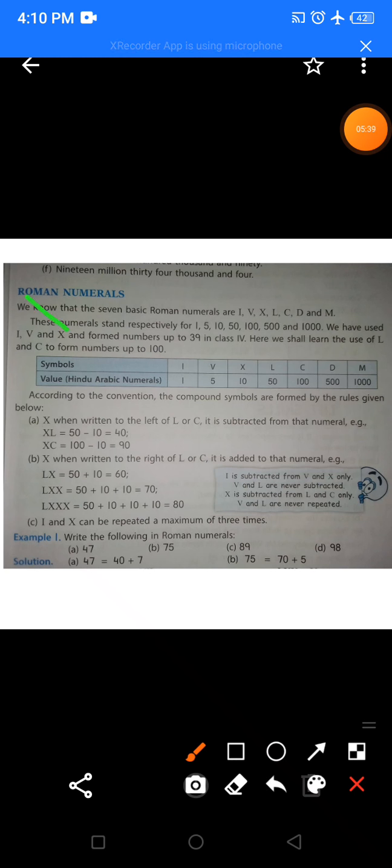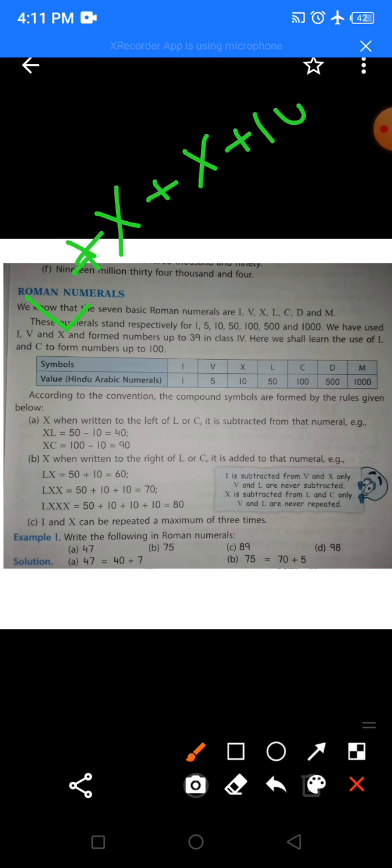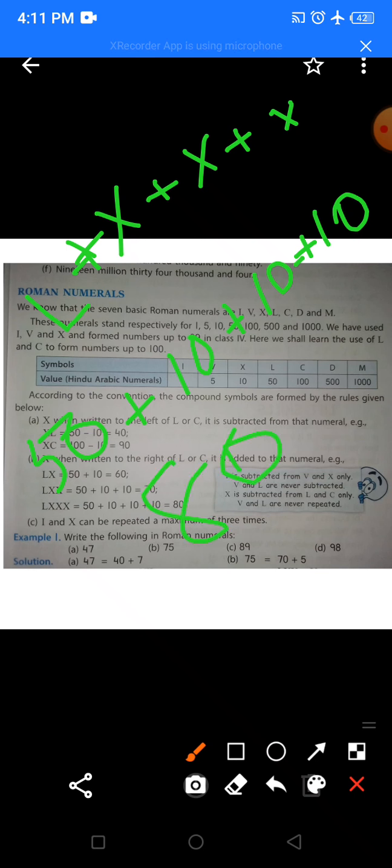I will just write 50 and then add 3 times 10. I'm writing it again. So here 50 plus 10 plus 10 plus 10. What will this give you? This will give you 80.